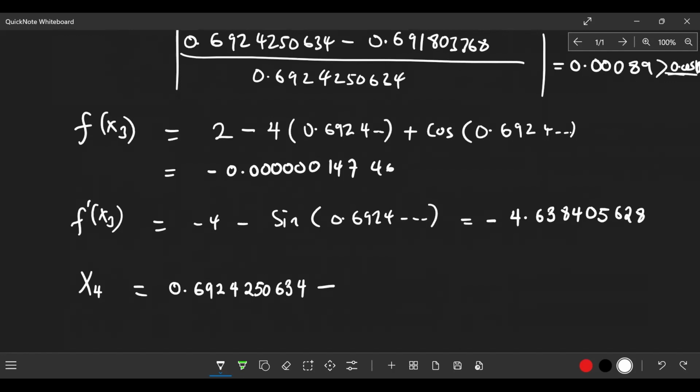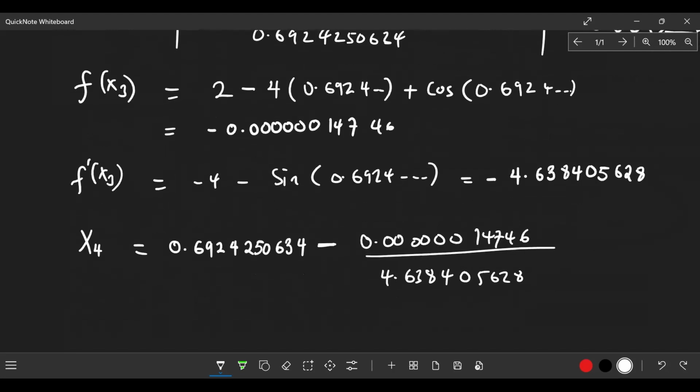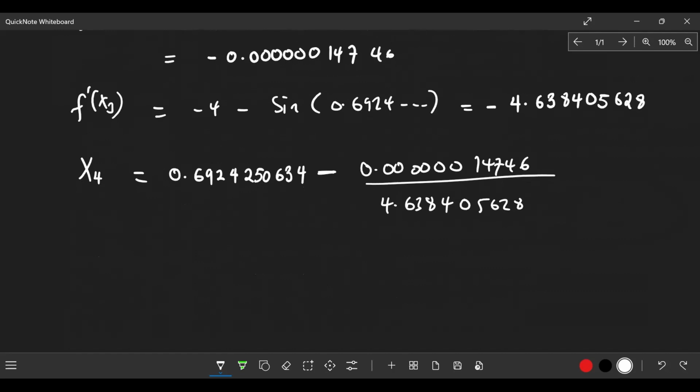Minus, and you see this is a minus, this is a minus, those two become a plus, so the minus is maintained here, and then 0.000000, six zeros, 14746, divided by 4.638405628. So tell me what do you get now as x4?